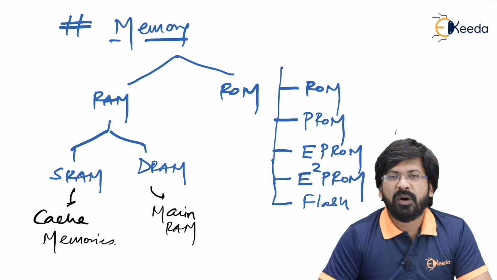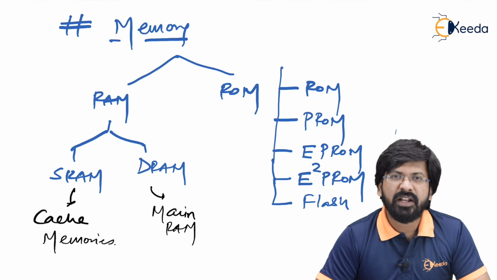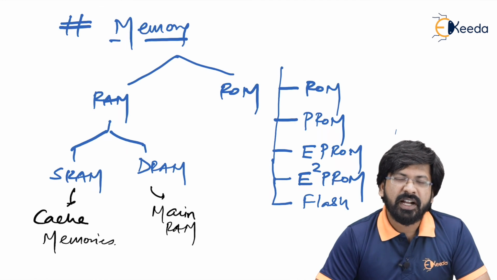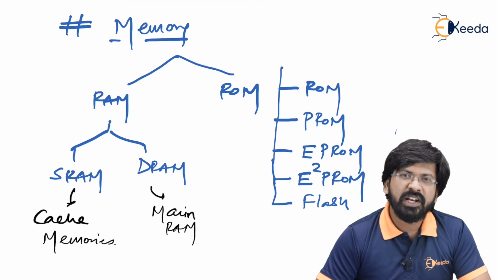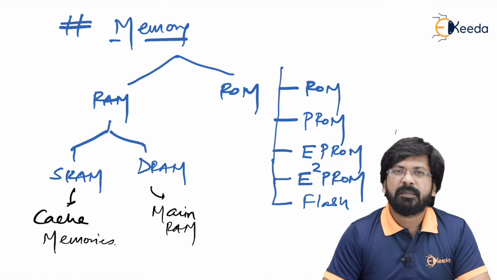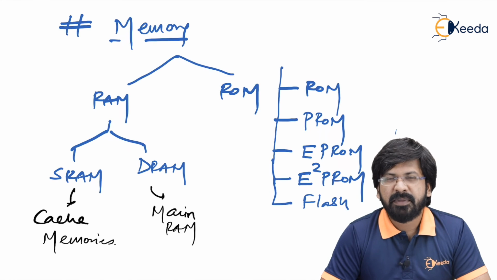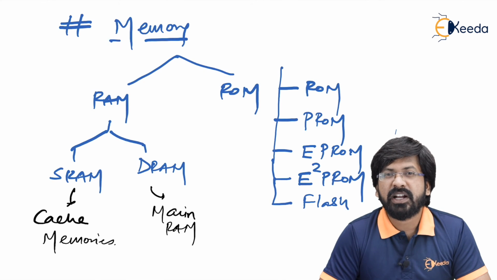Then comes EPROM. EPROM stands for erasable and programmable ROM. Now this is basically used for experiments. For example, you have a ROM where the program is already stored. You can only read and execute it. What if you want to modify it? That is possible only in case of EPROM. But the problem with EPROM was that it was erasable with the help of ultraviolet rays, and that was a tedious procedure.